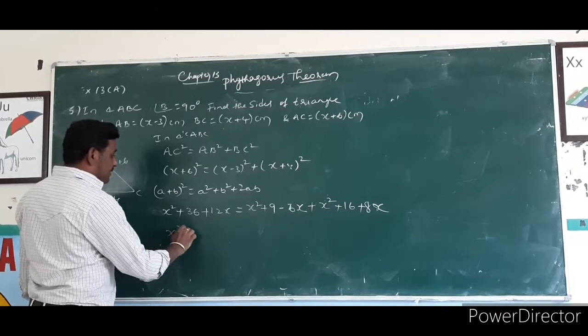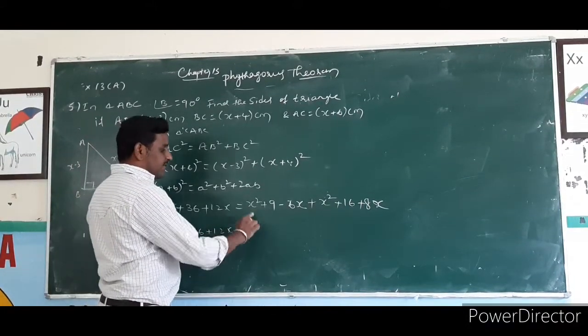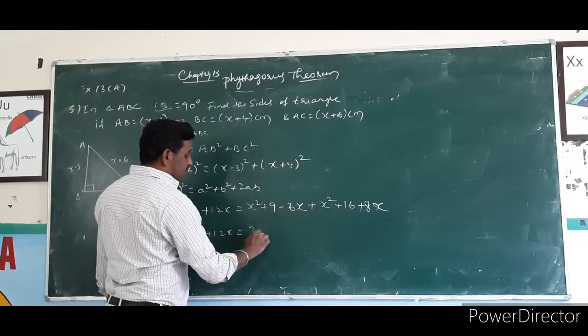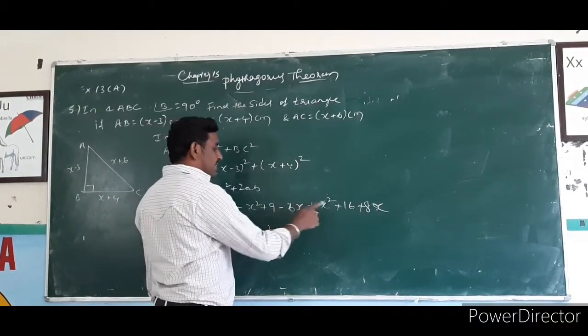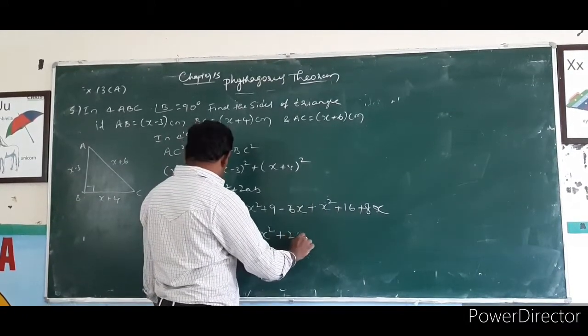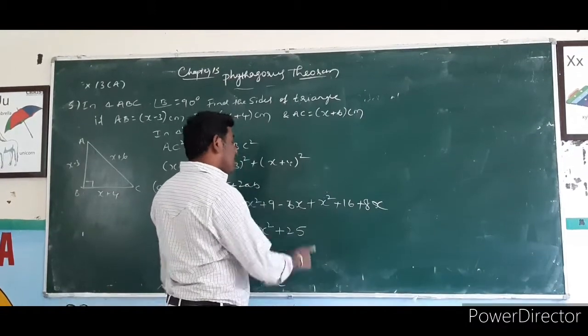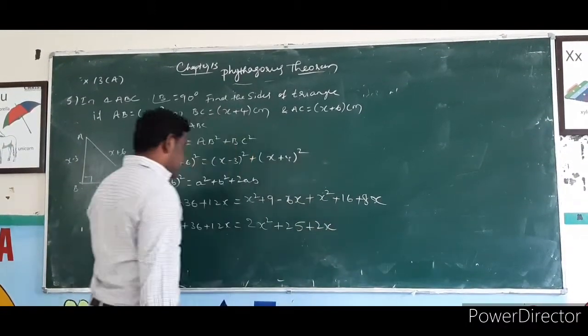So x square plus 36 plus 12x is equal to x square plus x square, that is 2x square, plus 9 plus 16, plus 25. In 8x, 6x will go, means plus 2x.